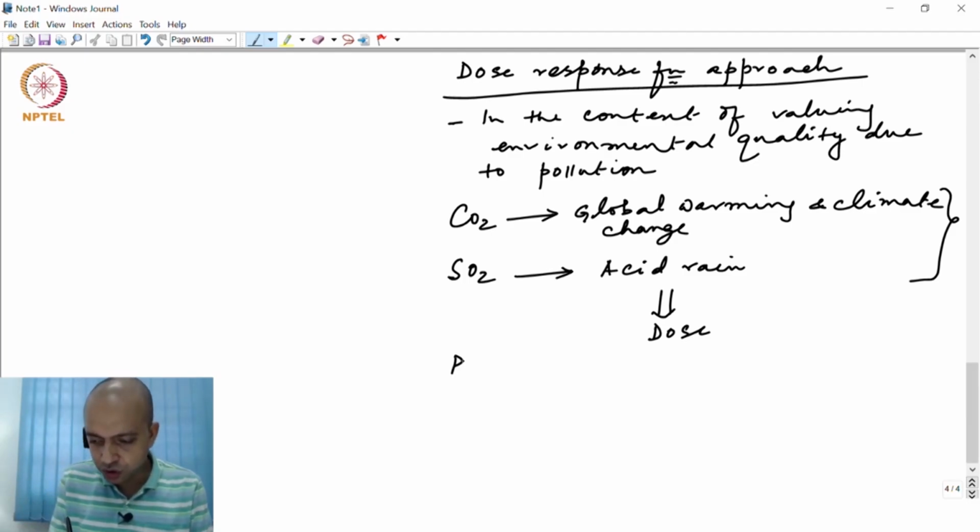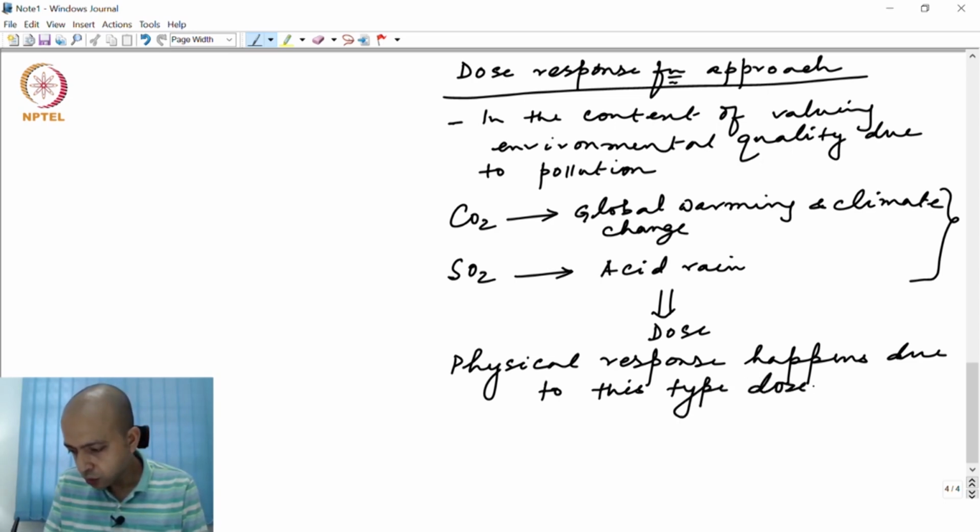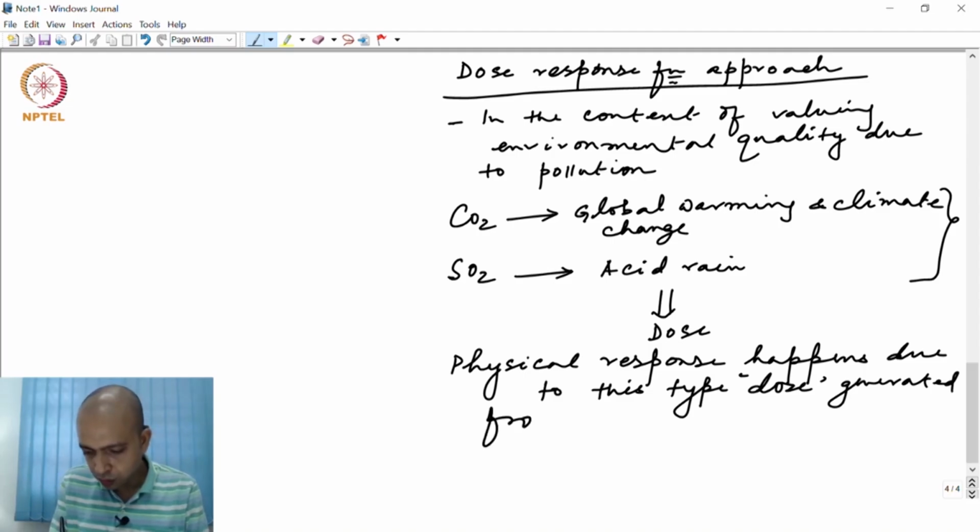So a physical response happens due to this type of dose generated from the pollutant.